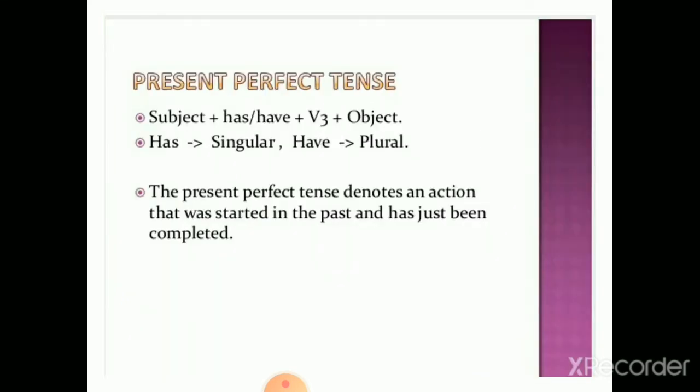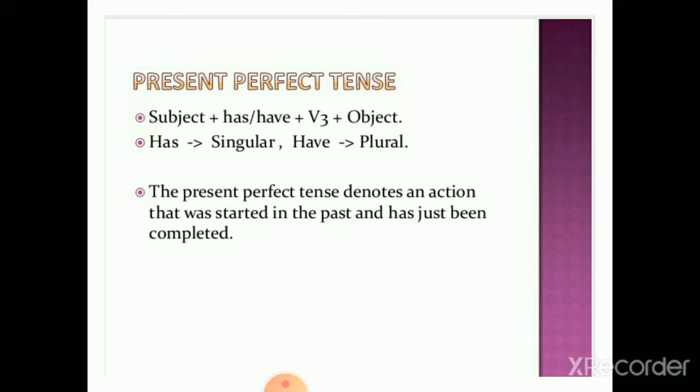Present perfect tense. In present perfect tense, two helping verbs are used, and with the usage of these helping verbs you can easily recognize this tense. Has and have are the helping verbs, and always it will be the third form of the verb in perfect tense.